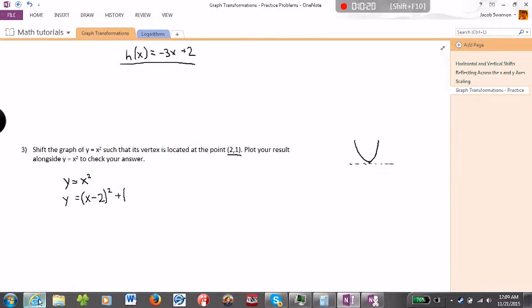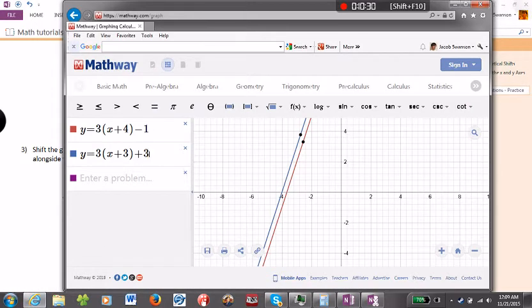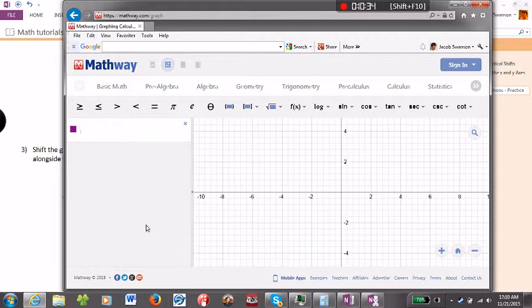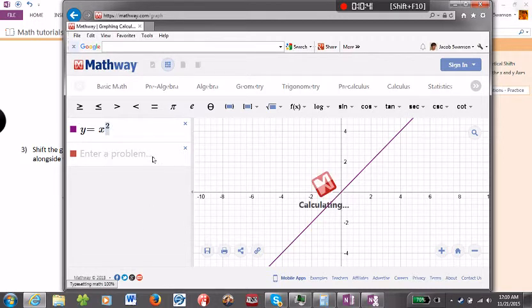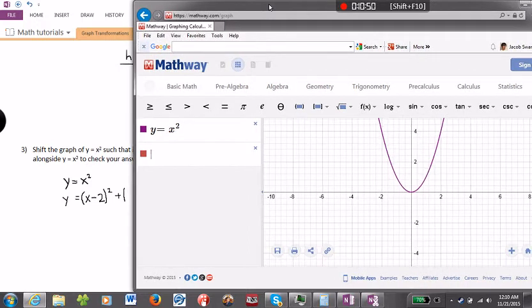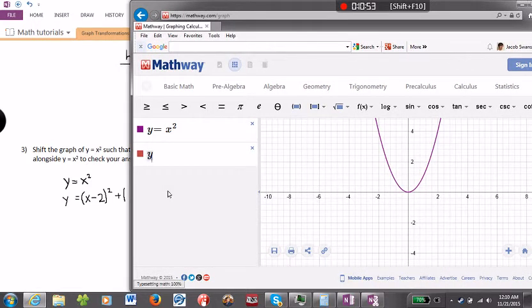Alright, let's go plot this in Mathway. Now I'll just get rid of these. Alright, here we go. So let's plot the original, y equals x squared. And there's the original parabola, the purple line. Now we will graph our result, which I'm going to reveal here so we can type this in with ease. y equals parenthesis x minus 2 close parenthesis.